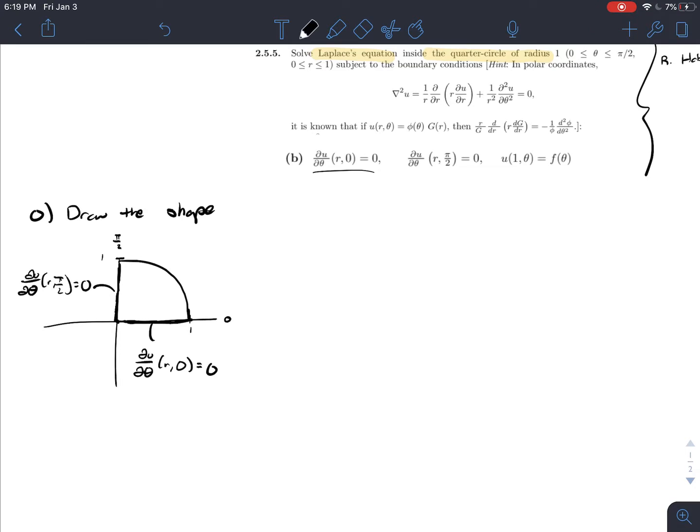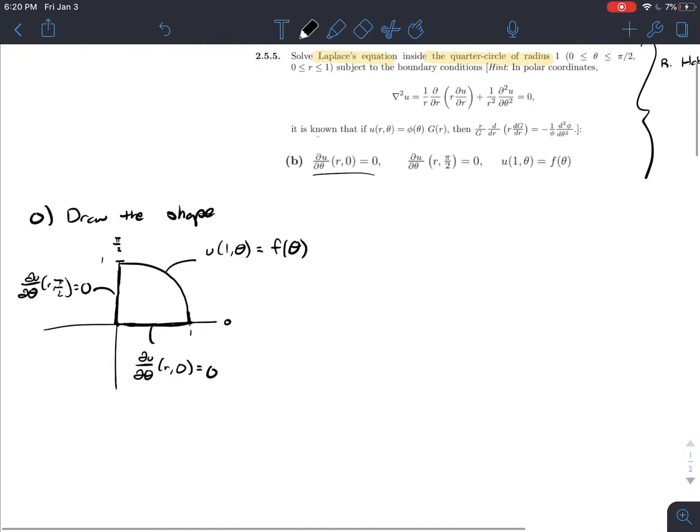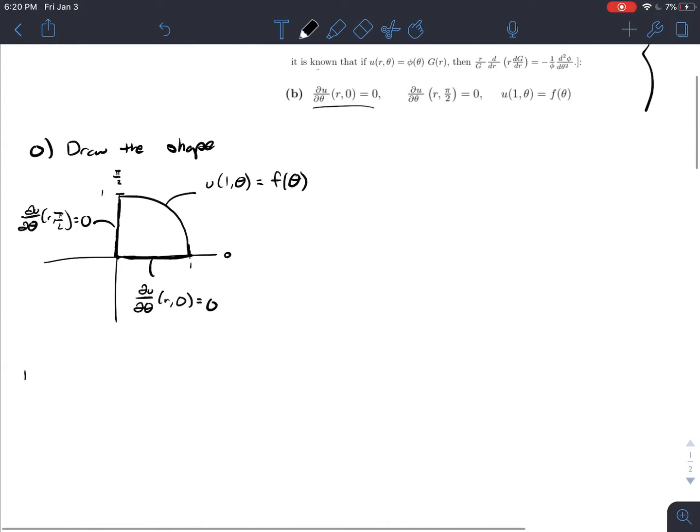Cool. And then we're told that we have this initial condition, or boundary condition, u(1, theta) is equal to f of theta. Cool.